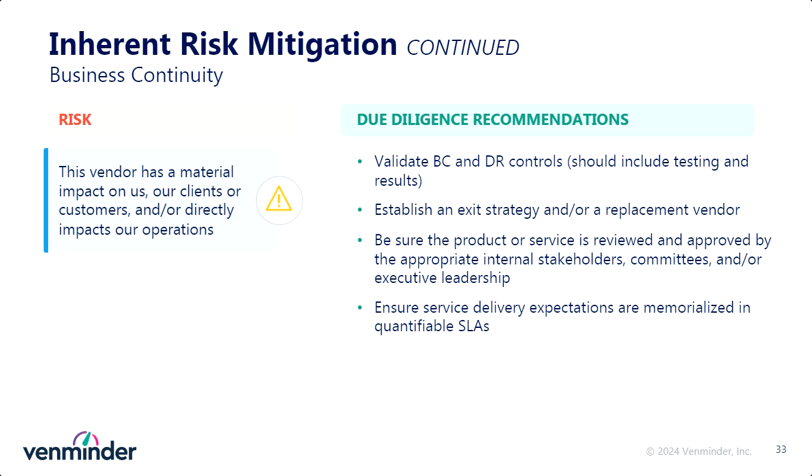An exit strategy allows you to safely exit the relationship either when the contract term ends or early because of issues like poor performance or a data breach. You may also want to include quantifiable service level agreements to ensure that this vendor meets your service delivery expectations.